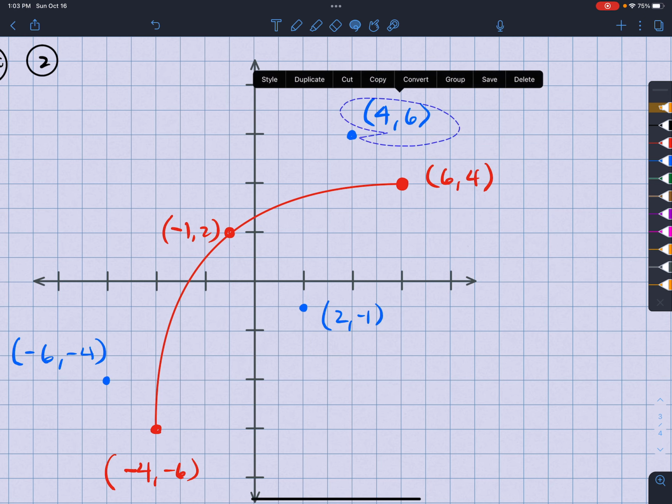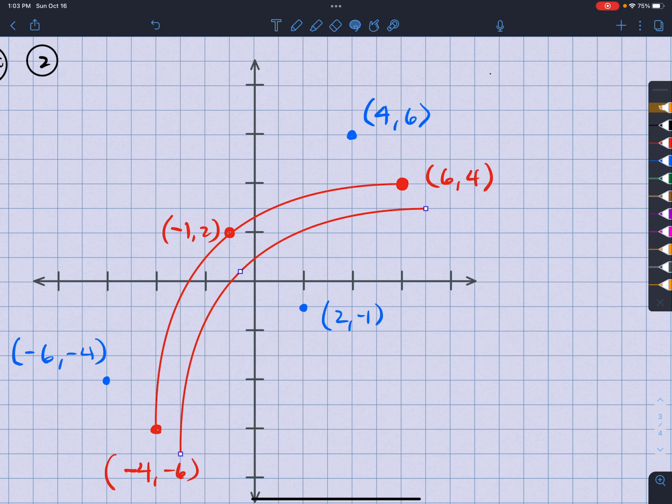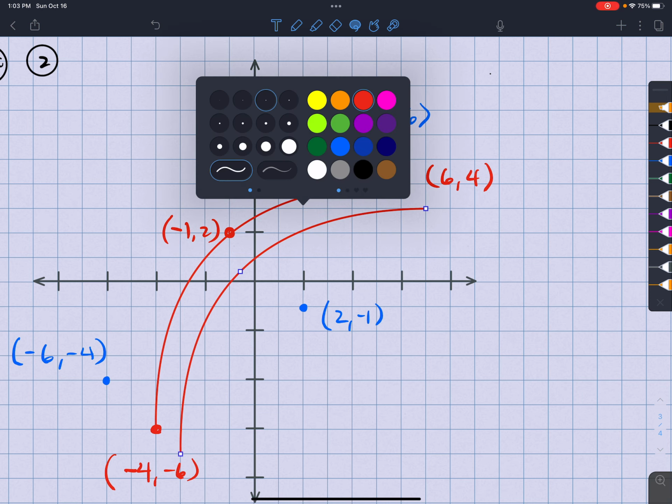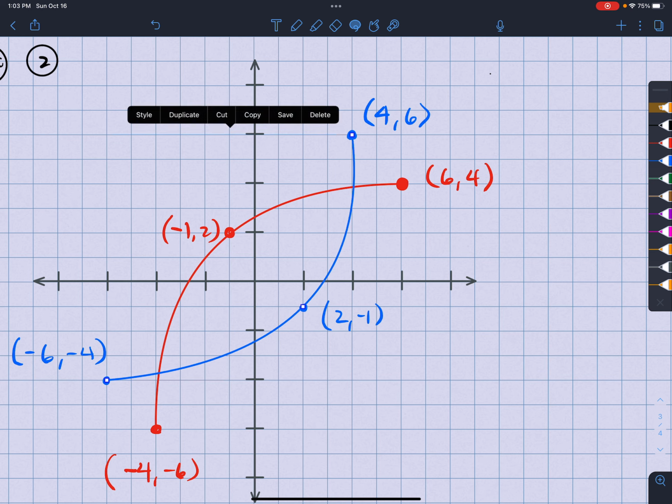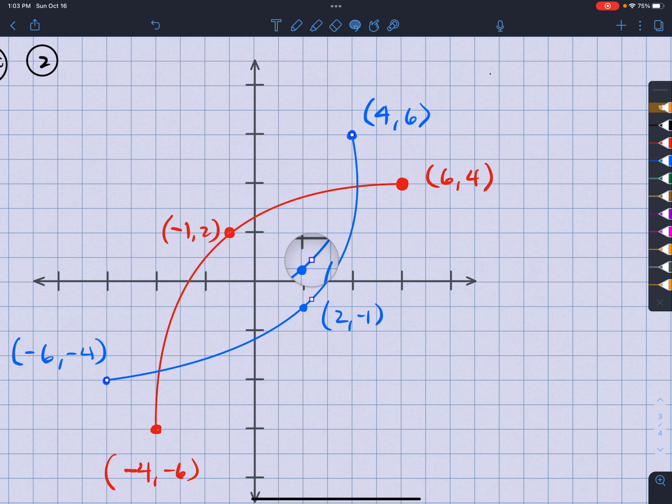Boom. All right. So now, if I take this and graph this, try to nail the same point here if I can.